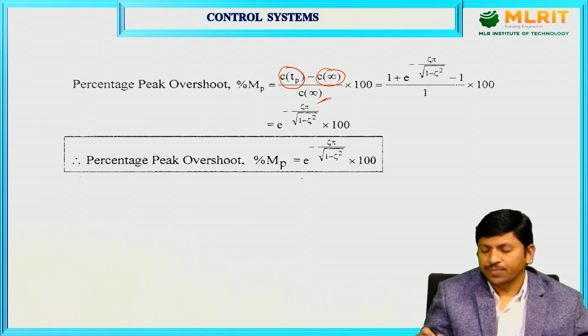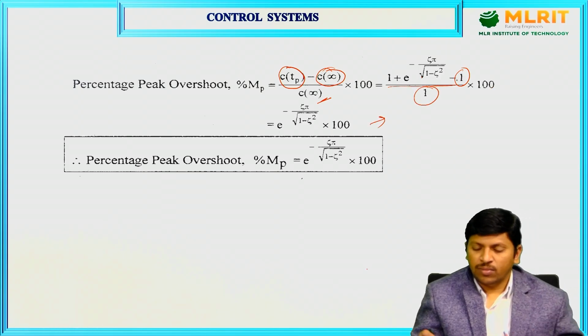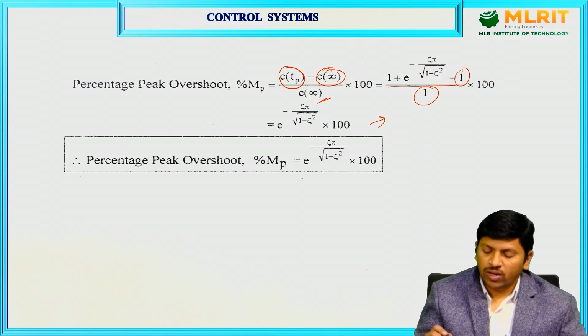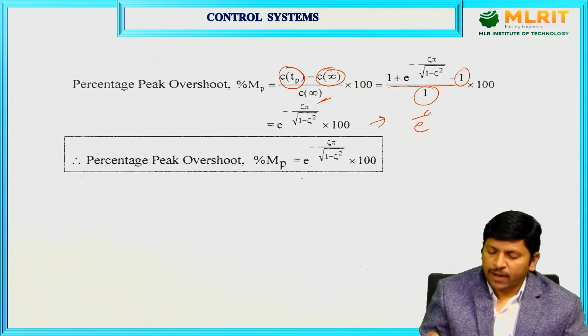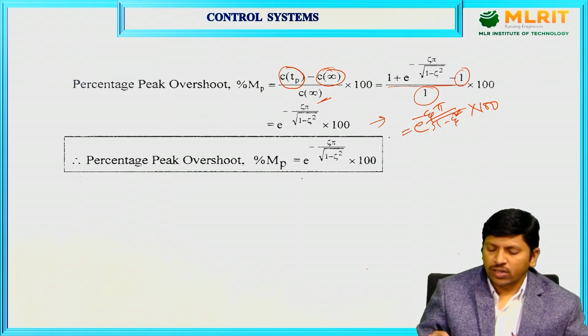Next, the infinity value is 1, so divided by 1, into 100. So finally, 1 minus 1 is just 0, so we get e power of minus zeta π by under root 1 minus zeta square into 100. This is the percentage peak overshoot or maximum peak overshoot.